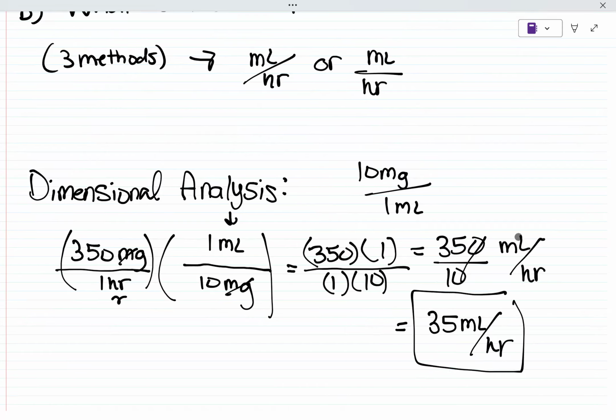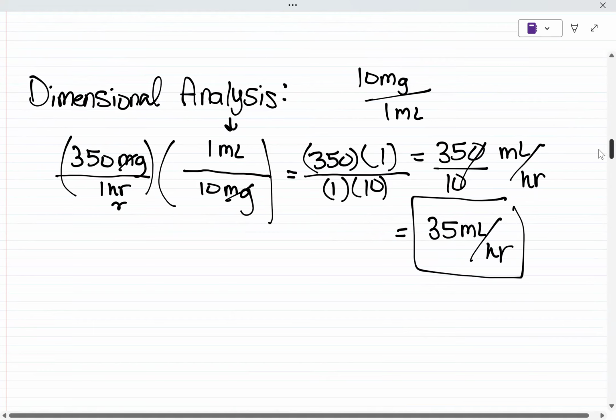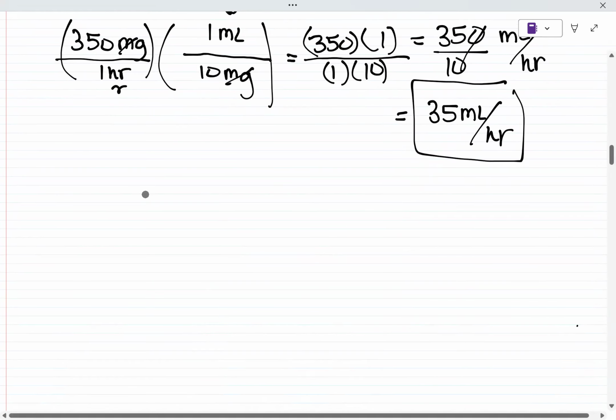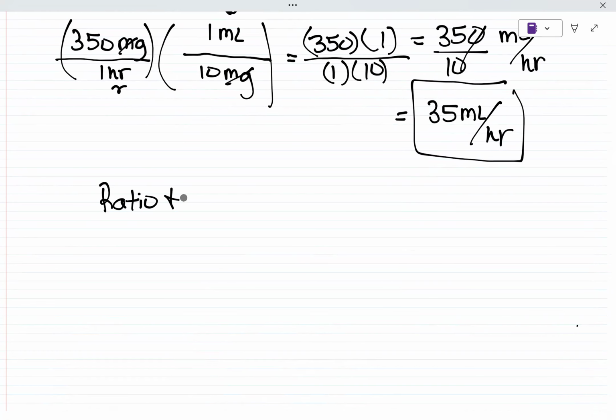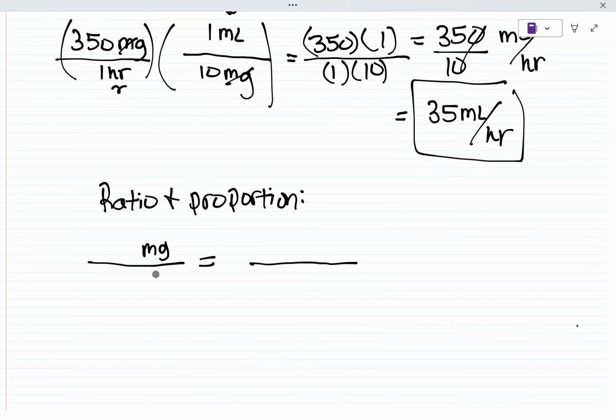So yeah, that's dimensional analysis. The ratio and proportion is pretty simple. Ratio and proportion would be fractions. You could put mg on the top and mL on the bottom, and then over here would be mg and then mL, or you could flip it vice versa.